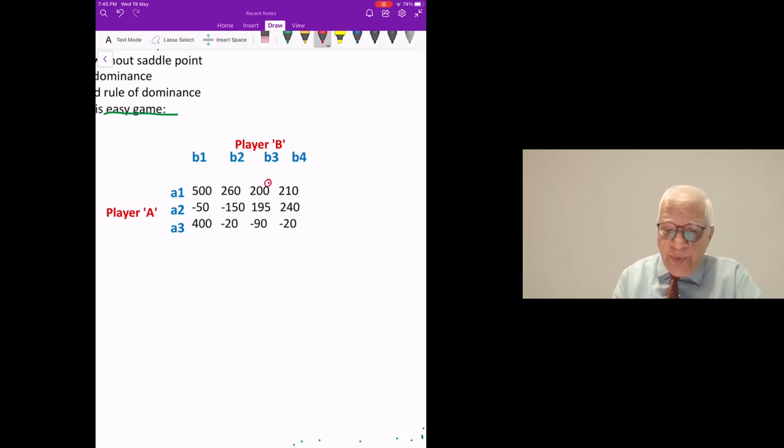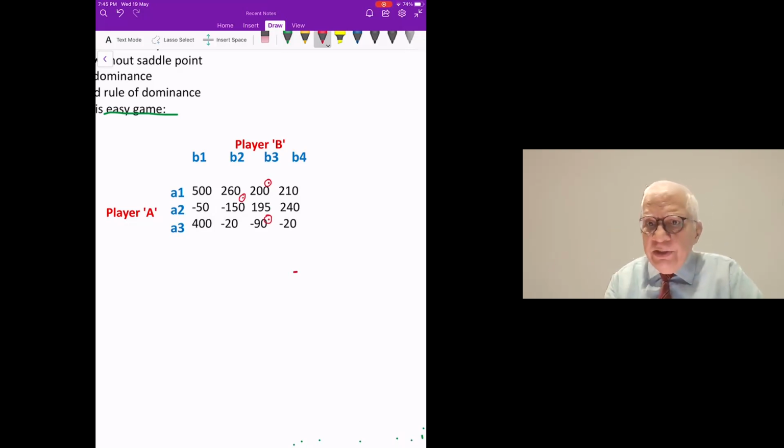Row number 2: minus 50, minus 150, 195, 240. What is the minimum value out of this? Minus 150. Row number 3: 400, minus 20, minus 90, minus 20. So minus 90 is the lowest value in row number 3.